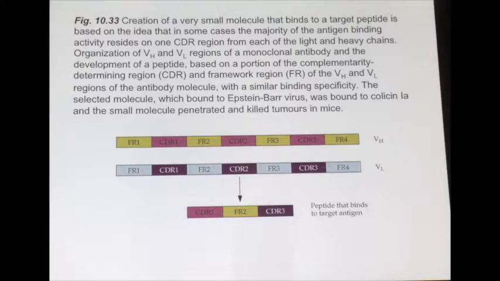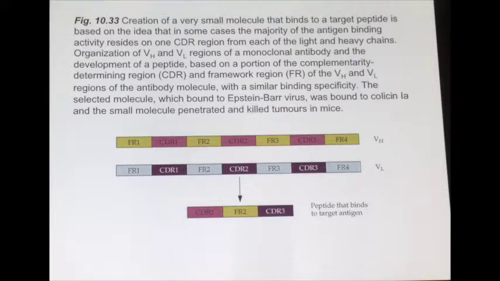And therefore, it's not very effective. And so people argued, well, if we had a smaller therapeutic molecule that was also targeted, we could get into the tumor and it might be more effective.